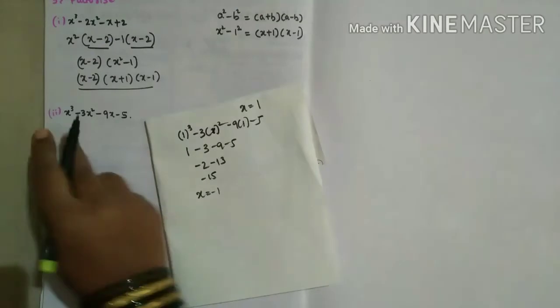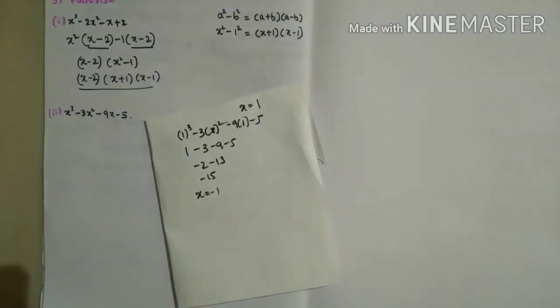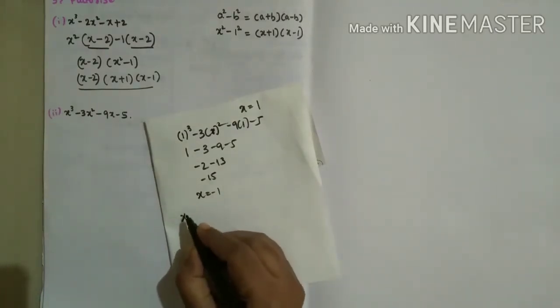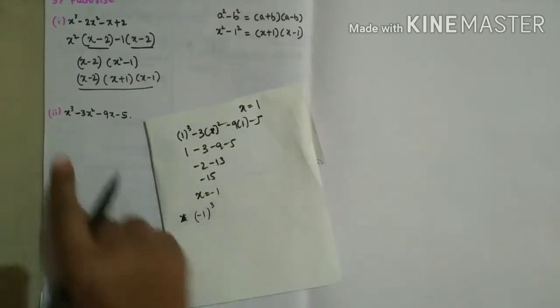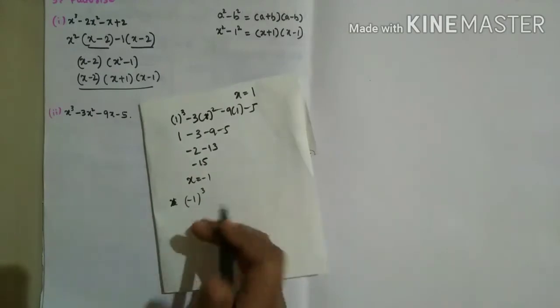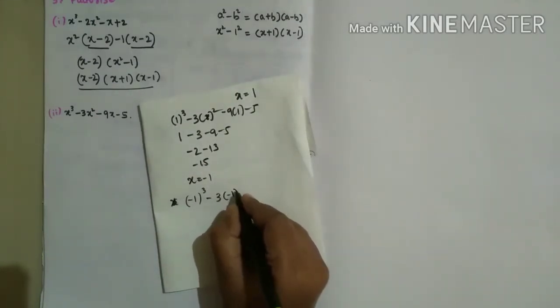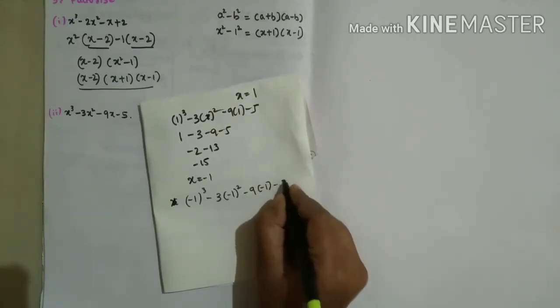Now in place of x I am substituting minus 1. I will substitute x equal to minus 1 now. So in place of x I have to substitute minus 1 cube. Here minus 1 cube, minus 3 into minus 1 square, 9 into minus 1, minus 5.